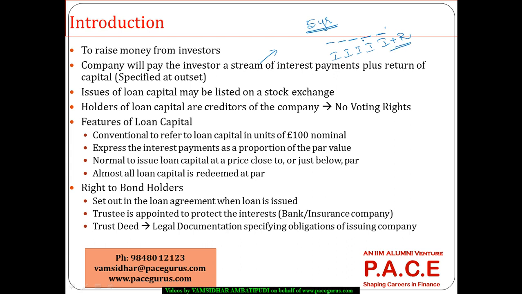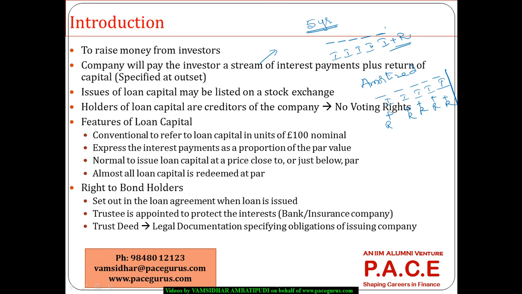So this is one way. And the other way is what we call the amortized form, which traditionally works for a loan. Across the 5-year period, along with the interest, some portion of the principal also gets returned, such that at the end of 5 years, the principal is completely exhausted.